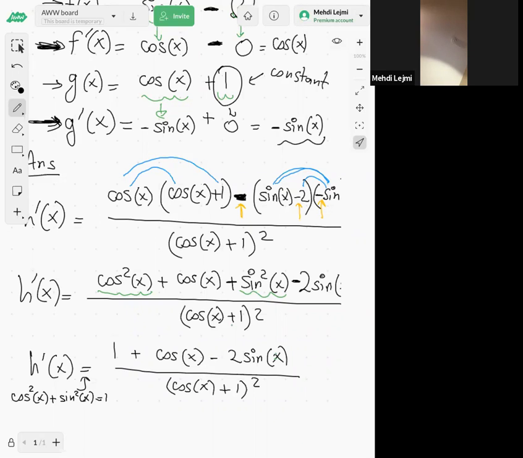Okay. So yeah, you need to try to simplify your answer when it's possible, right? So like here, as I said, because I see that there is cosine square plus sine square, and that will be equal to 1, right? So I can simplify my h prime of x. Anyway, so that's the answer, right?